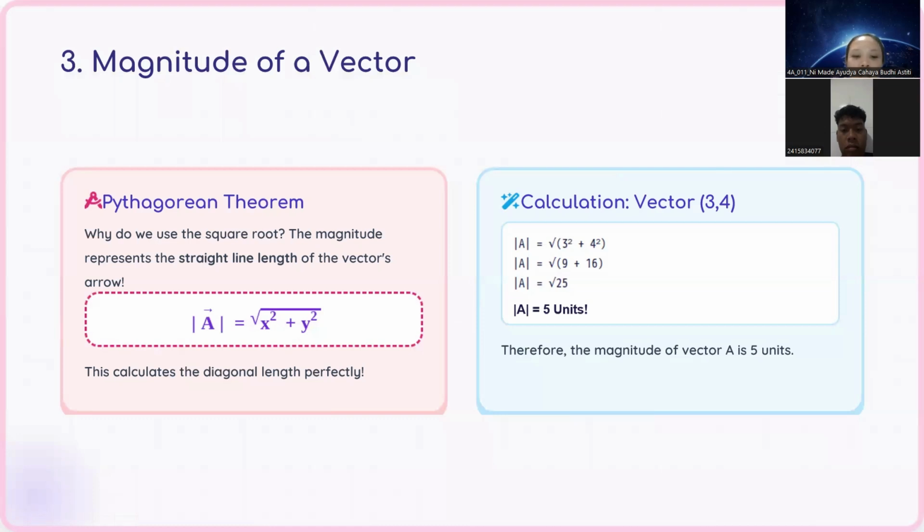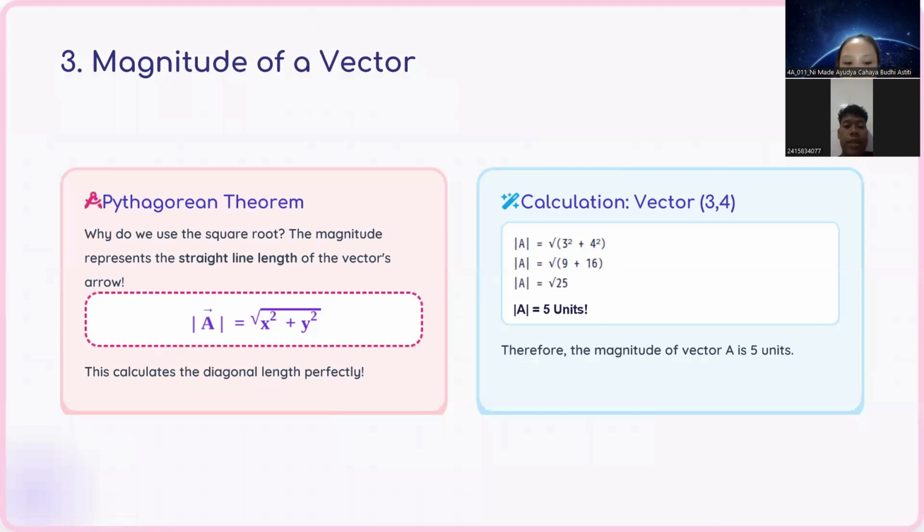Using the magnitude formula, the magnitude of vector A equals the square root of 3 squared plus 4 squared. This equals the square root of 9 plus 16, which is the square root of 25. Therefore, the magnitude of vector A equals 5. So the magnitude of vector A is 5 units.